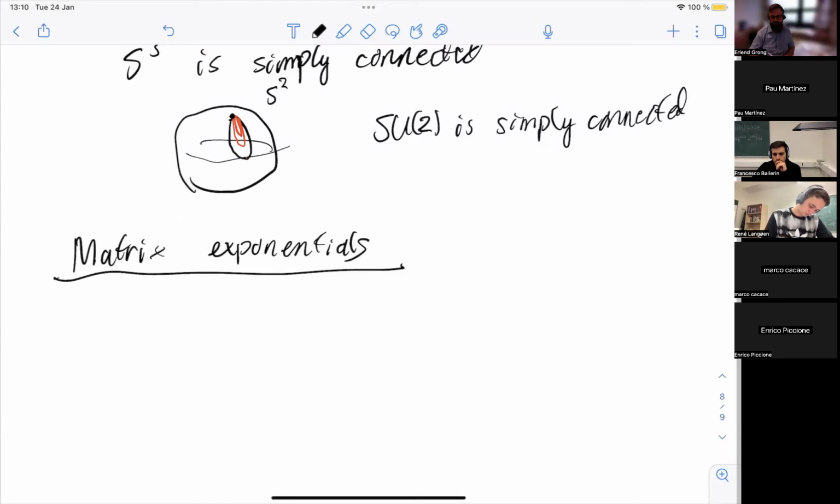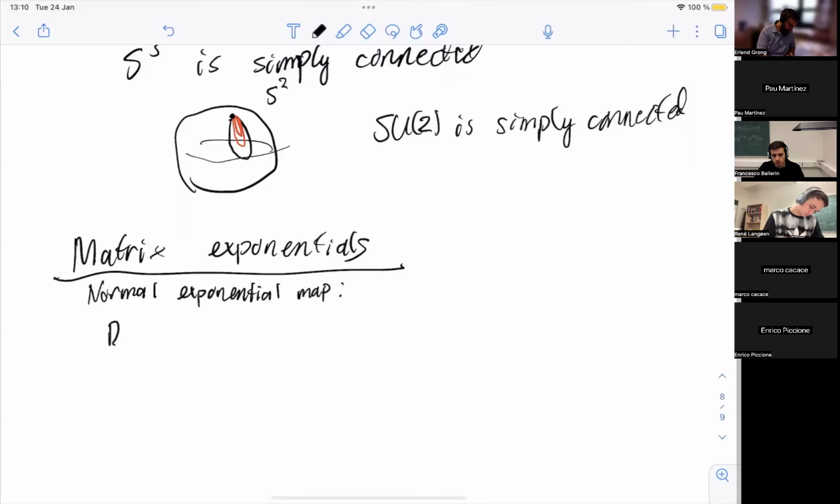The interesting thing about matrix exponentials is that they work a little bit like normal exponentials in the real and complex numbers. So how do they work in the real case?